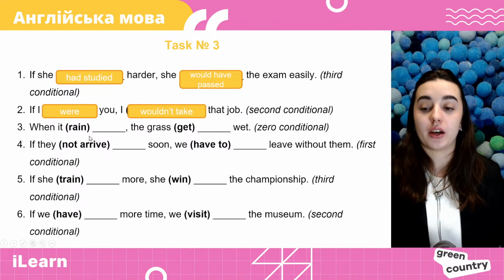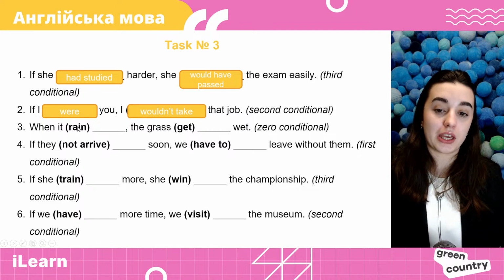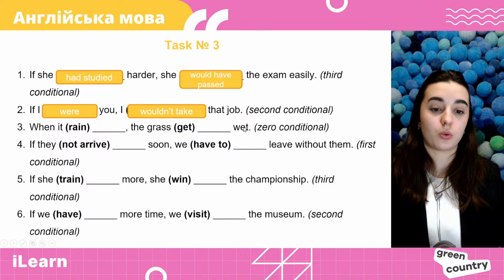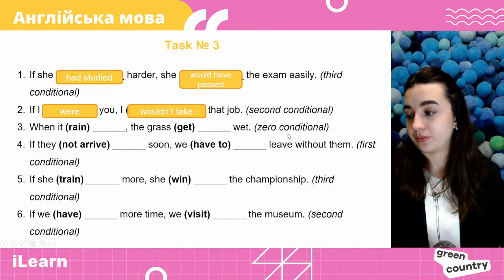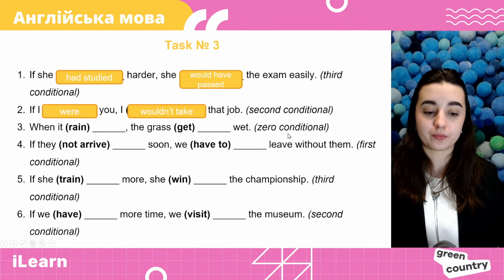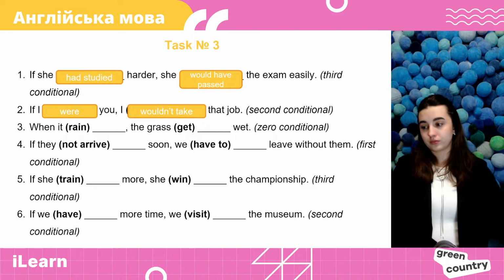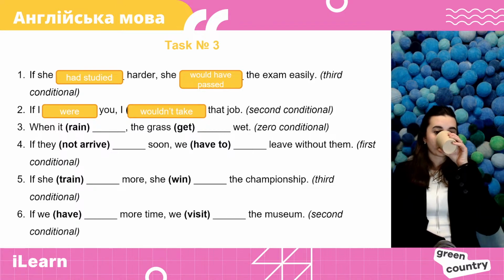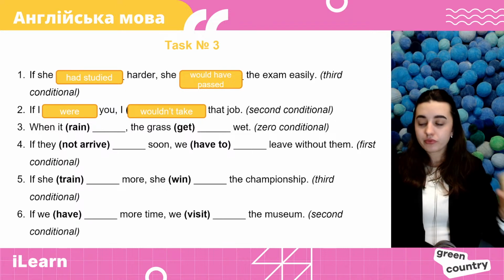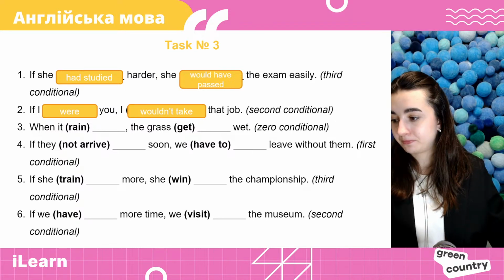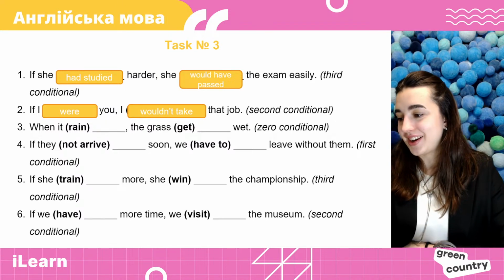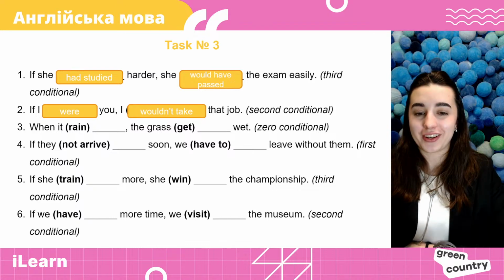And we know it's second conditional. Number 3. When it rain, the grass get wet. Zero conditional. Let's make it. Anika, rains and the grass?